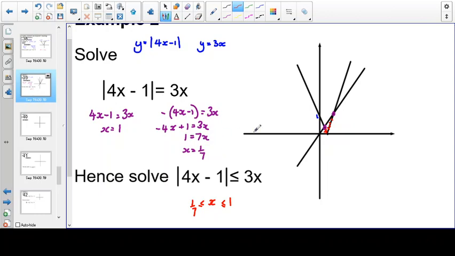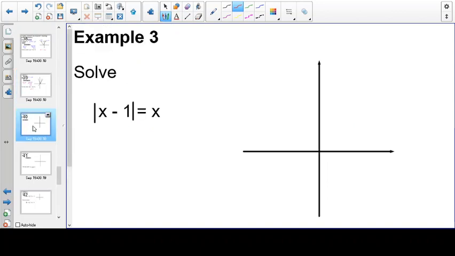Okay, so you've got to do a decent enough sketch so that you don't miss a solution or invent a solution that isn't there. Because if you find an extra solution that shouldn't really be there, they're going to penalise you for it.